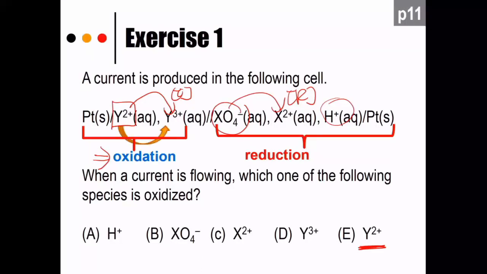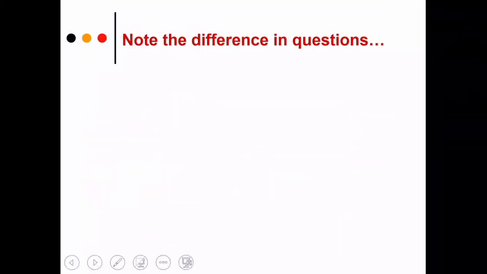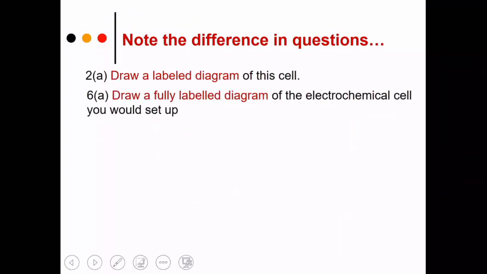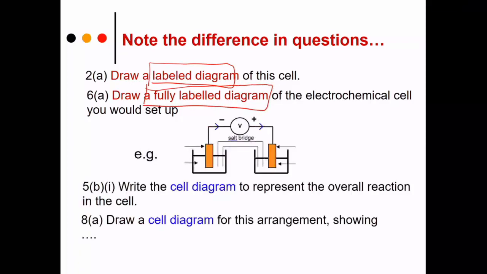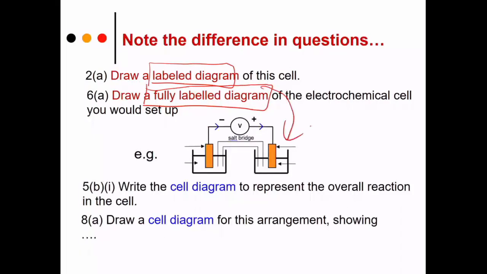Okay, so now, in your tutorial and in the exam, these are the two different types of questions they can ask you. If they ask you to draw a labeled diagram or a fully labeled diagram, you need to draw this experimental setup. Because it's a fully labeled diagram.